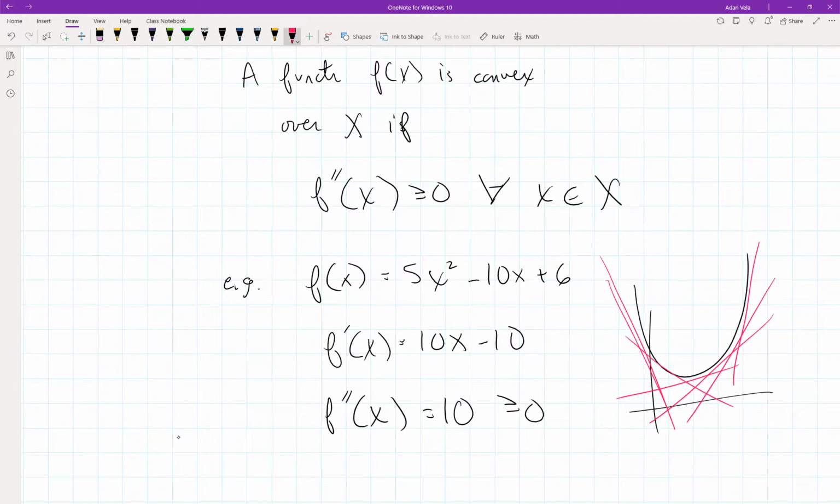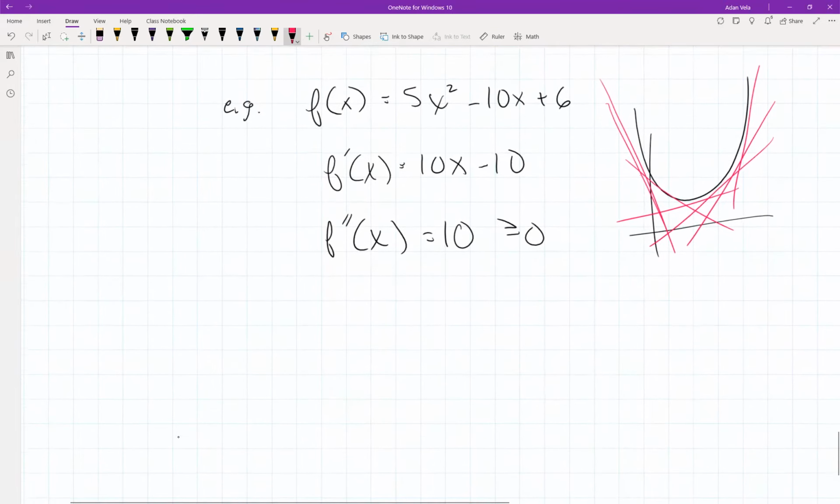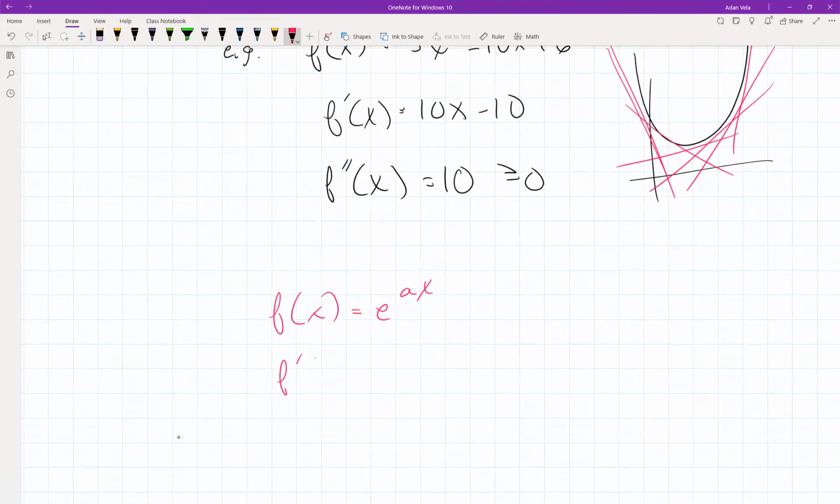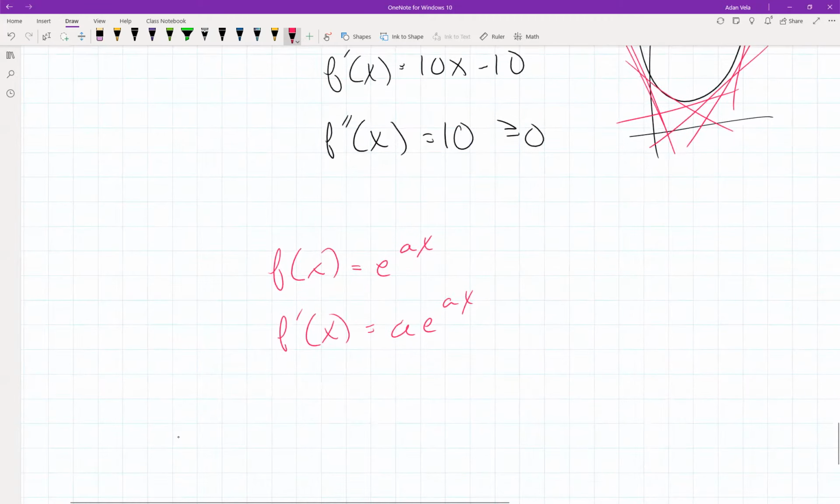And again, you can apply it all over the place. So this is a nice little check, right? Instead of using Jensen's inequality, sometimes you can just use the second derivative test. Like for an exponential, you could take the first derivative, you get a e to the ax, and then you could take the second derivative.